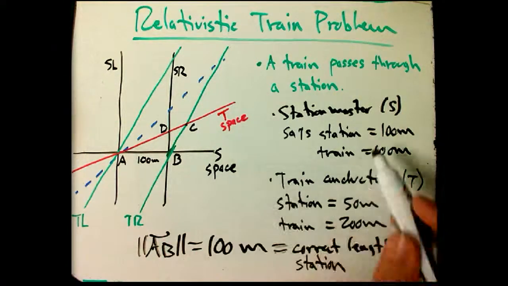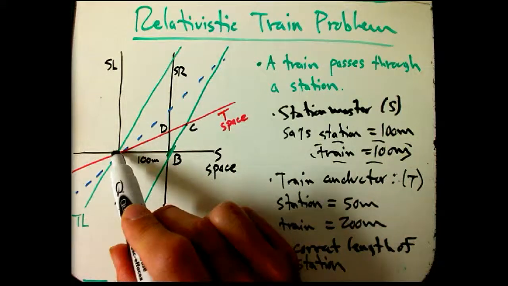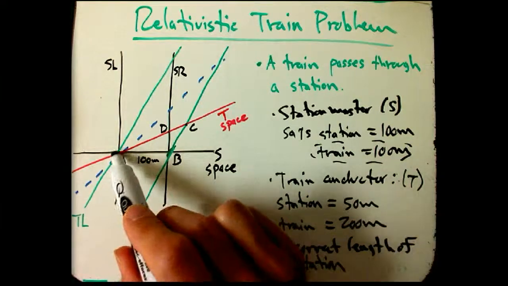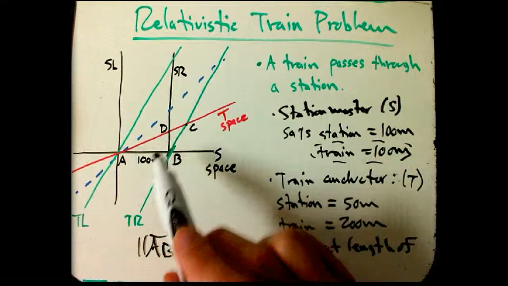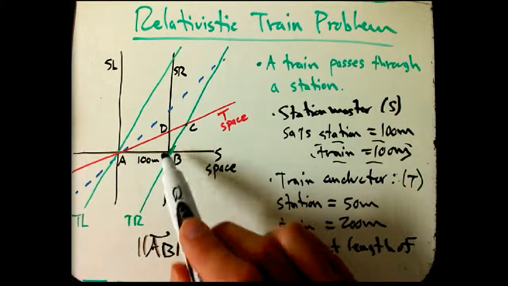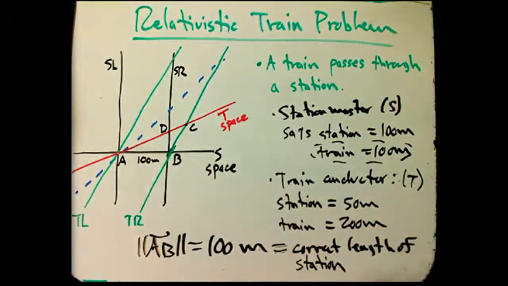So it's also the incorrect length of the train because it's true that the left end of the train and the right end of the train were at the left end of the station and the right end of the station respectively, but not at instants that are simultaneous according to the train. Okay, so let's think about this for a second.